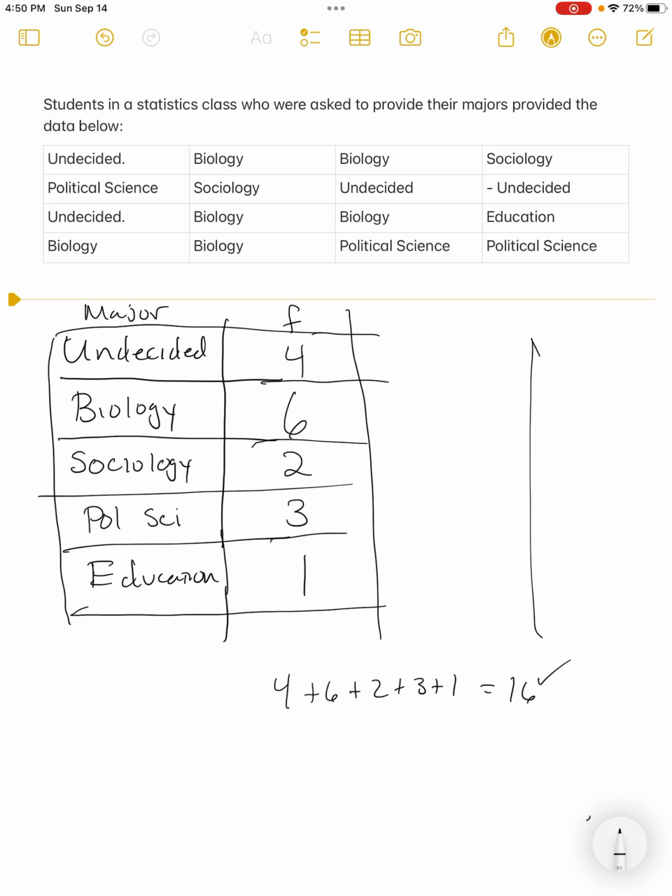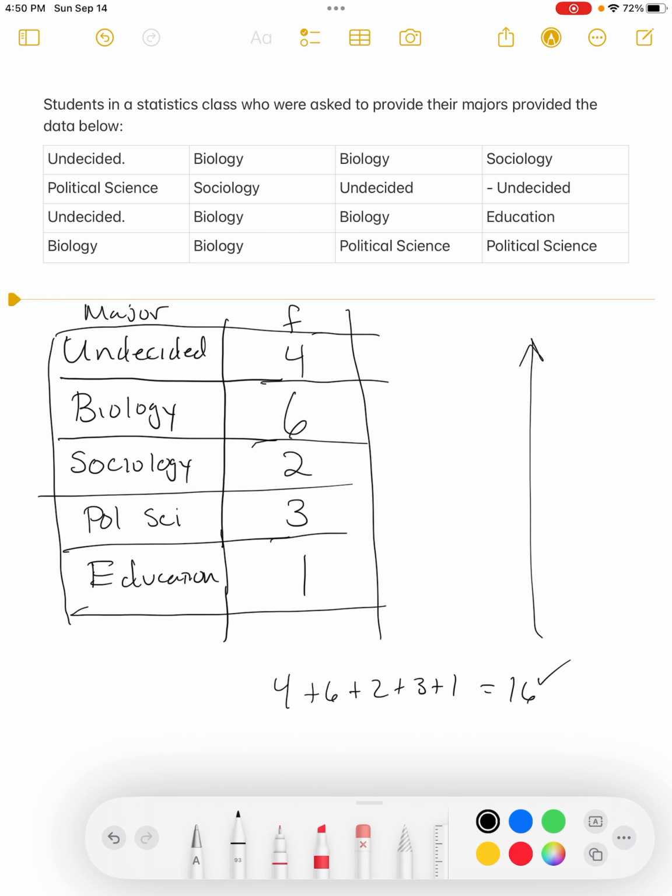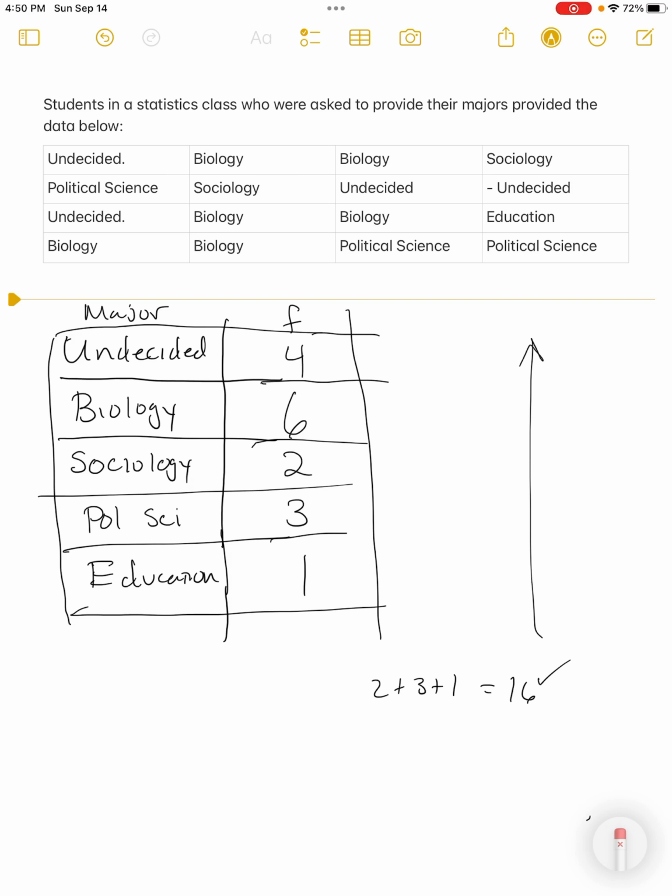That's true. Because 16 matches the number of outputs up here, I know that I most likely did it correctly and haven't skipped anybody. If it doesn't add up to how many you have, you'll want to go back because most likely you overlooked somebody.